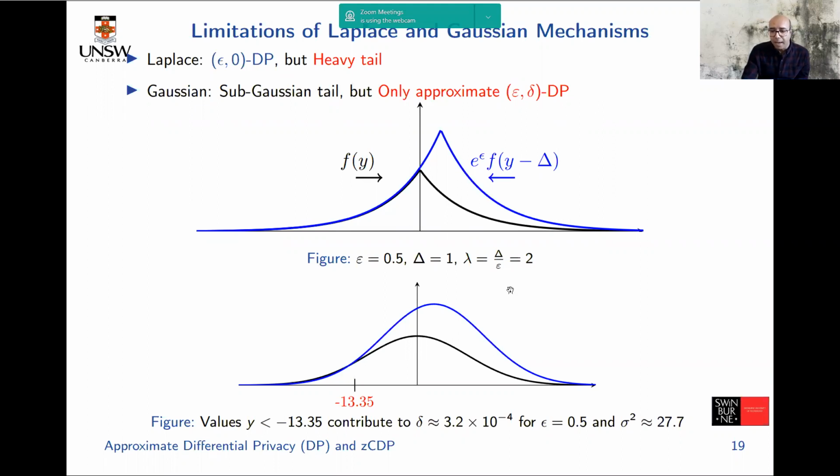And that's the main motivation, for example, for the US Census switching from the Laplace distribution or discrete Laplace mechanism to the Gaussian distribution in 2020.